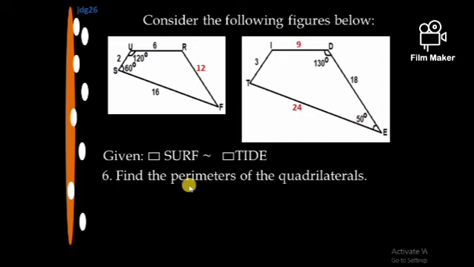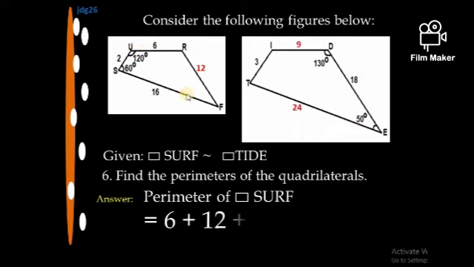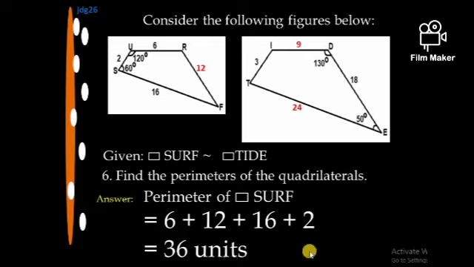Number 6. Find the perimeters of the quadrilaterals. Unahin natin kunin ang perimeter ng quadrilateral SURF. To get the perimeter, i-add lang natin ang measures ng mga sides. 6 plus 12 plus 16 plus 2 is equals to 36 units.